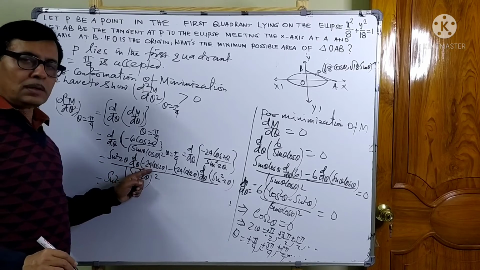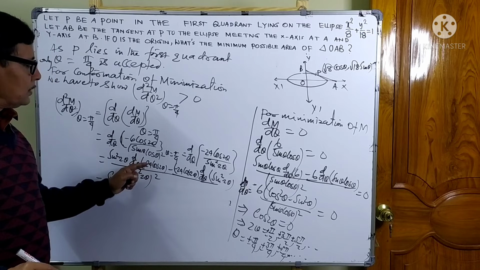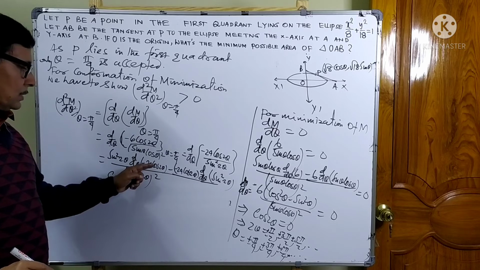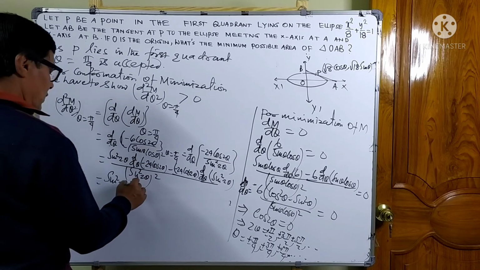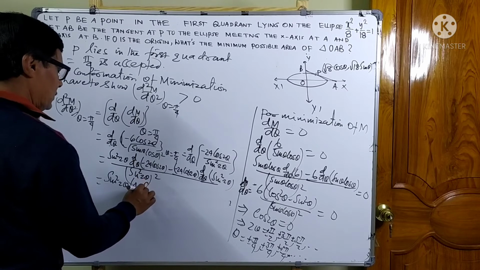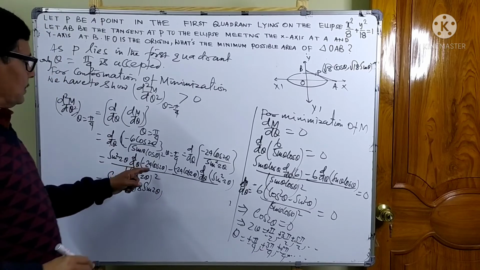Derivative of this quantity, minus 24 cos 2 theta, is minus 24 multiplied by 2 multiplied by minus 1 sin of 2 theta, that is 48 sin 2 theta. This is the derivative of numerator.